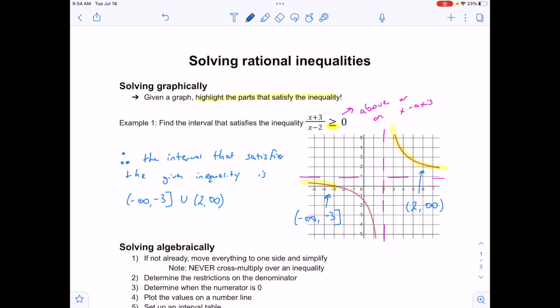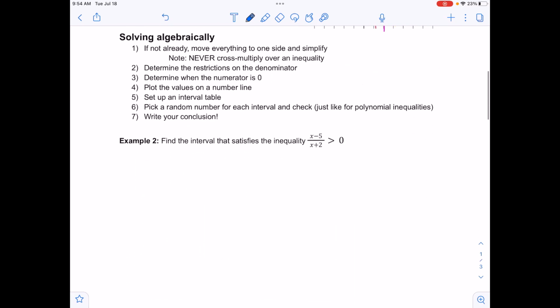Okay, pretty straightforward. Algebraically, we're basically going to be combining the techniques that we saw in lesson 6.1 about solving rational functions with our sign chart that we saw with our polynomial functions way back in unit 2.